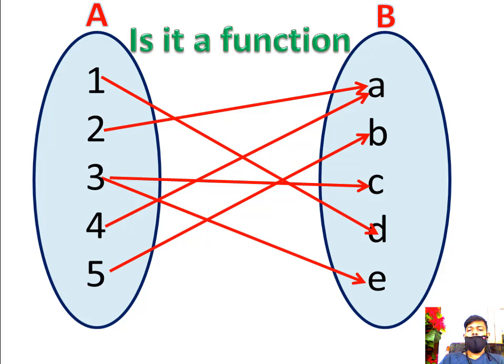Again, by definition of function, every element of A has a unique image in B. But look at the element 3. 3 has two images, c and e. Therefore, it is not a function.